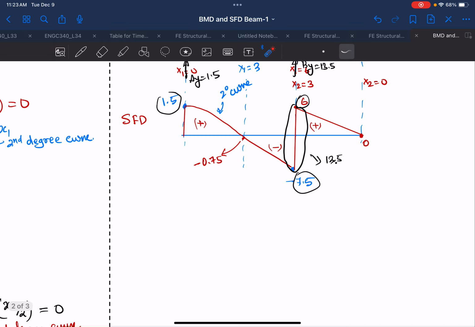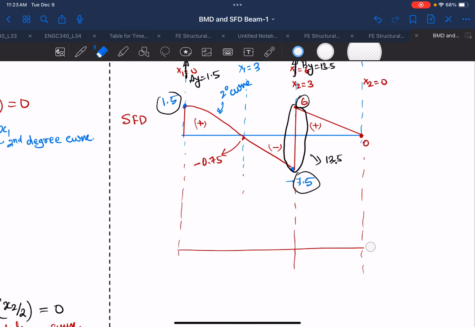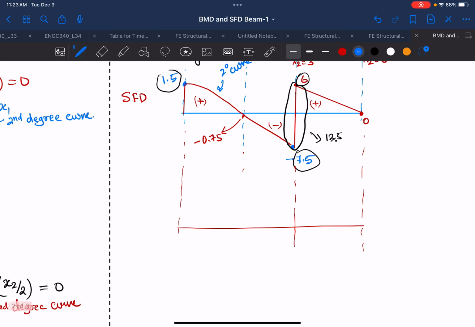Once we have the shear force diagram, we can draw the bending moment diagram. For the bending moment diagram, if you put all the equations at x1 equal to 0, you'll find your moment is also equal to 0, and at x1 equal to 6, your moment is equal to minus 9.